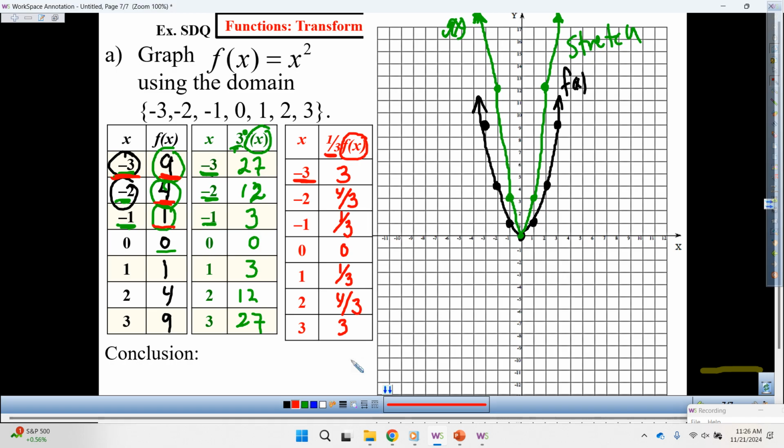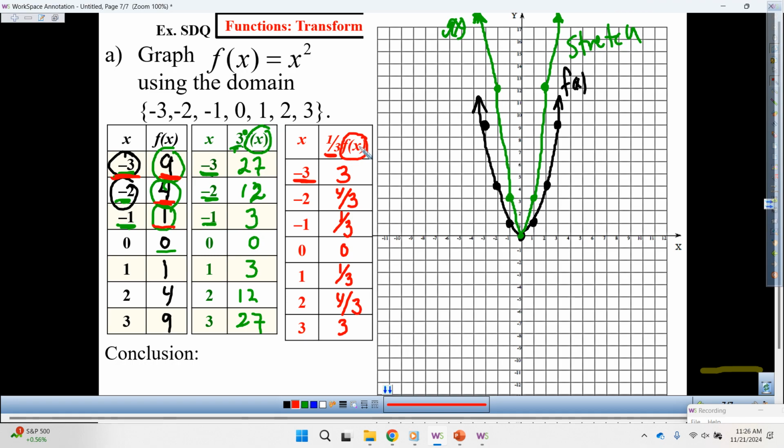Now, how do we get these numbers? Well, let me start with the green one just to recap. I looked at -3 over here. The original f of x was 9. And this one said to multiply the f of x times 3. That gave me 27. But this was 3 times f of x. Is this one 3 times?